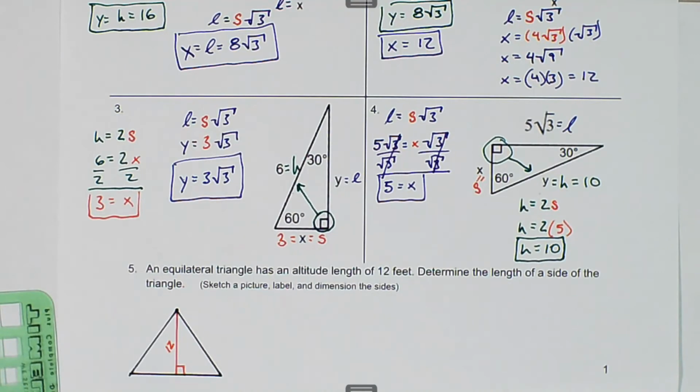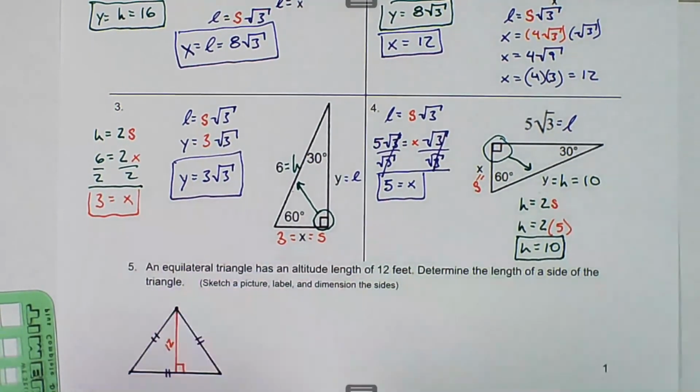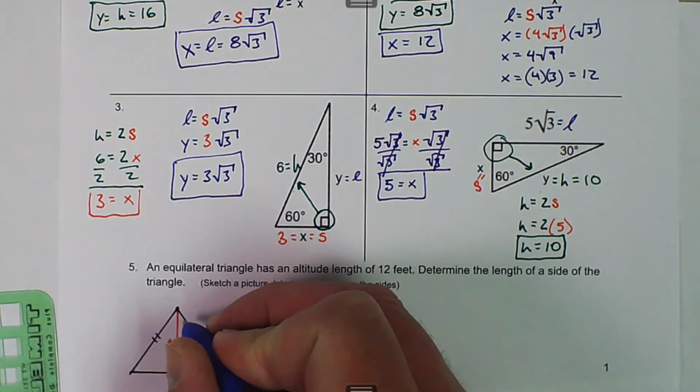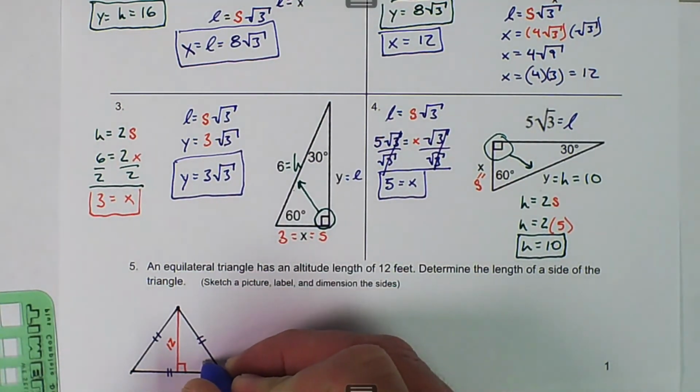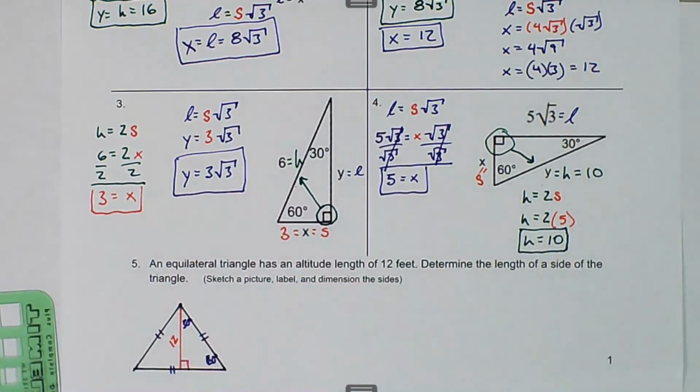So now we want to find the other values. Because this is an equilateral triangle, we know that all sides are congruent. And because it's an equilateral triangle, we know that we have a 30, 60, 90. This is going to be 60 degrees, and this is going to be 30 degrees. So we can see that we have a 30, 60, 90 triangle right here.